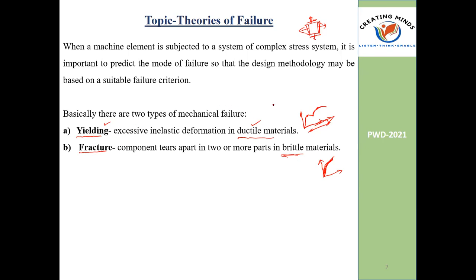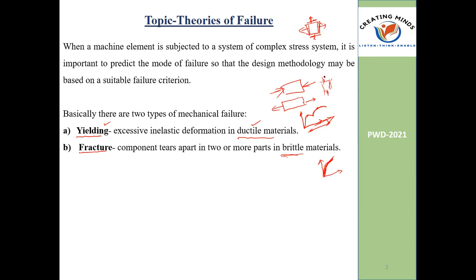And also we showed in the first class what the possible failure patterns are when the material is subjected to tension and when the material is subjected to compression. When a ductile material is subjected to compression, we can see the bulging action.